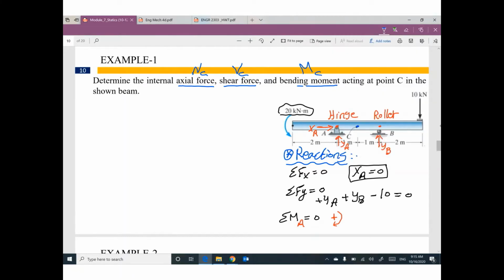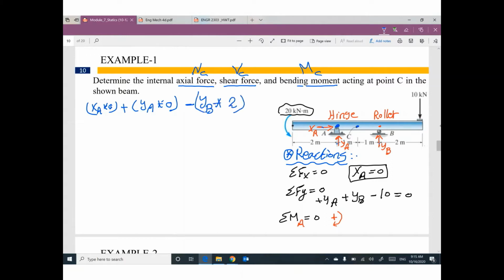Okay, go ahead and set up this equation. XA times 0, YA times 0. Guys, I'm taking a moment at A. What is the distance between XA and YA and point A? 0. We don't have distance. What else? We have negative YB times 2.